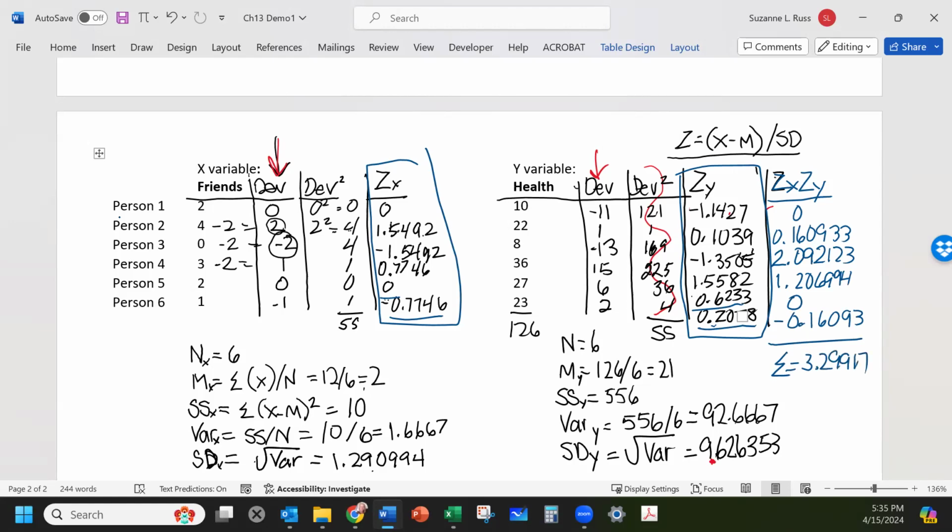3.29917. And we figure out our R value, our R score, by dividing by n, taking the average of all of those cross products, and that's our R score.